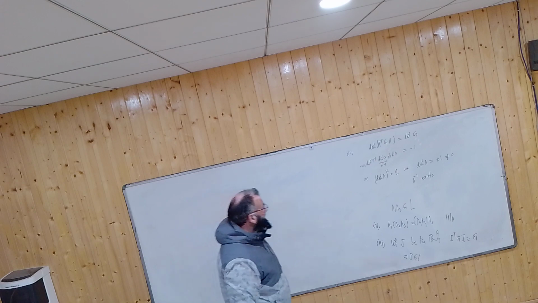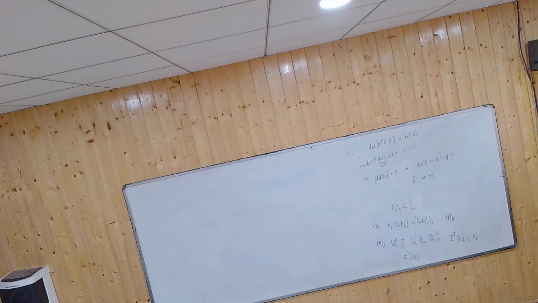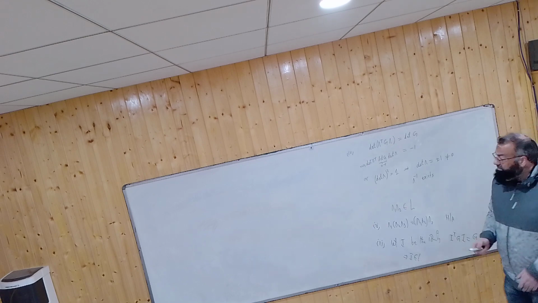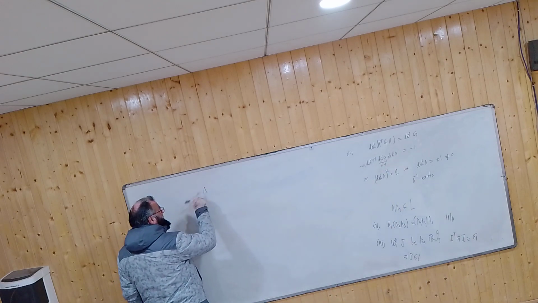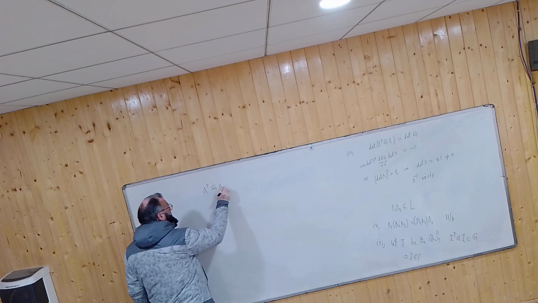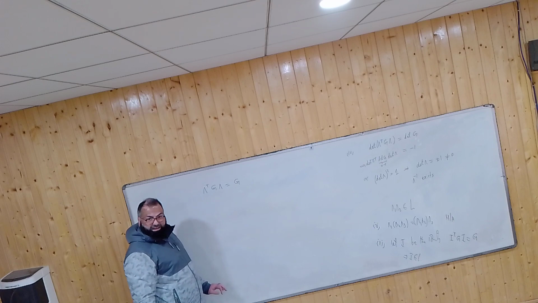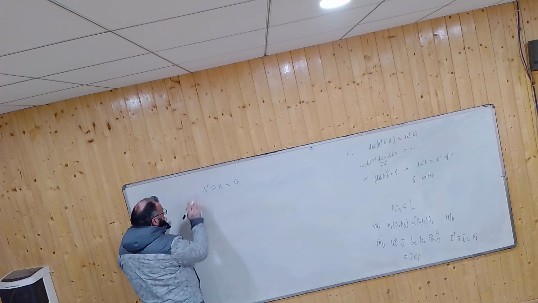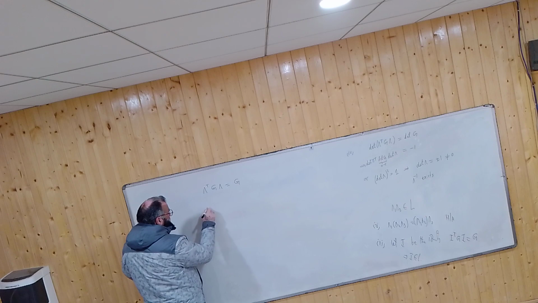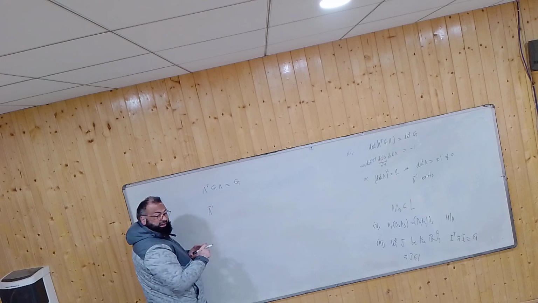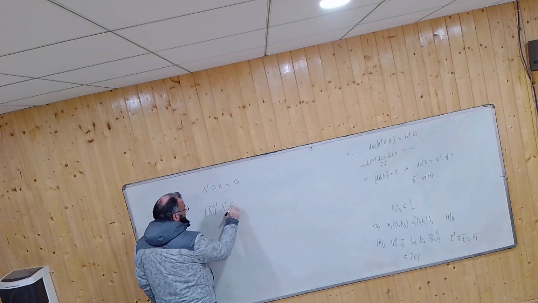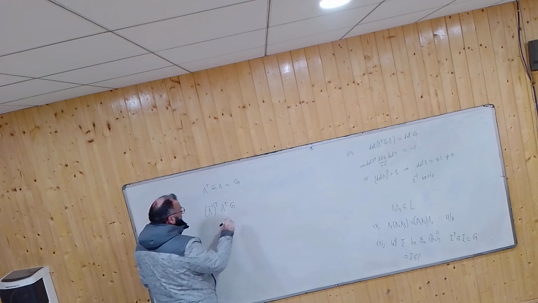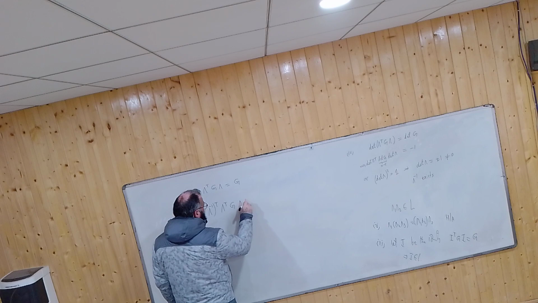So I have this very condition: lambda transpose G lambda equals G. Now let's multiply on the left by lambda inverse transpose, and on the right simply by lambda inverse.